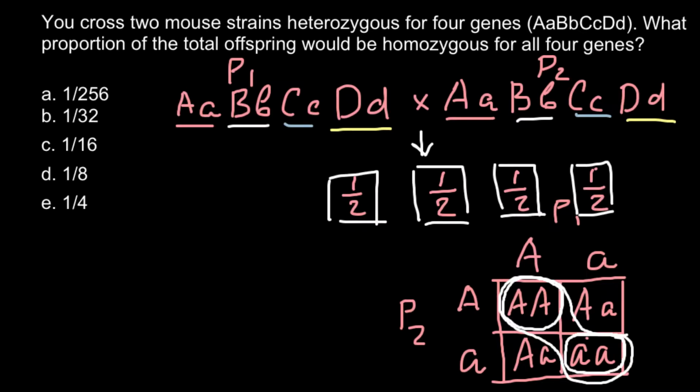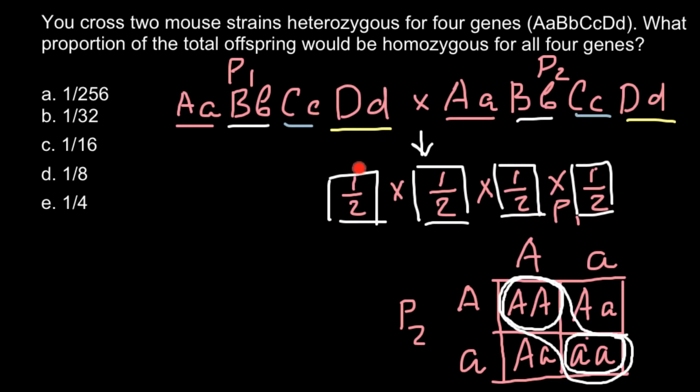So now when we know that the chance is 1/2 for each allelic pair, we have to find the probability that this happens to all 4 allelic pairs, and we have to multiply these probabilities. So we have to multiply 1/2, the probability that the first allelic pair would be either homozygous dominant or homozygous recessive, with the probability that the second allelic pair would also be in a homozygous state, and the third and fourth.